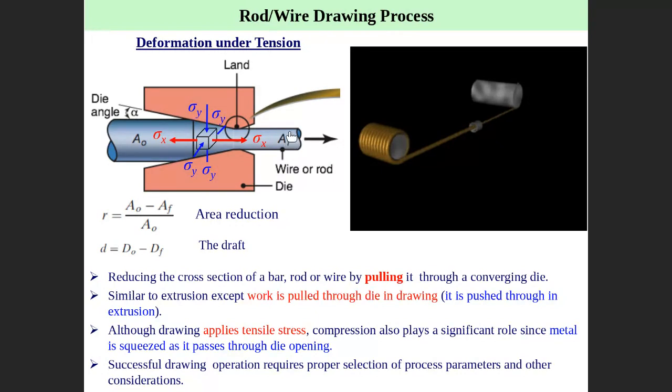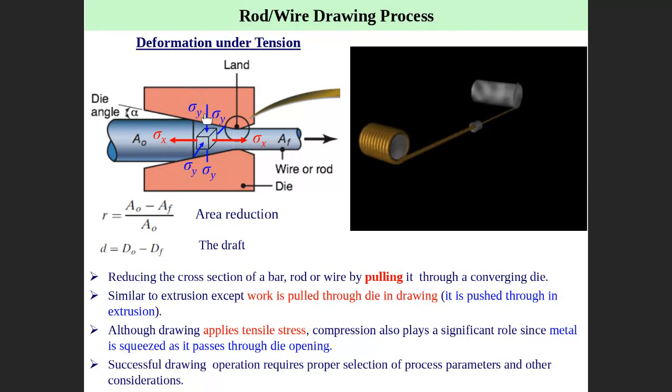However, you can see compression is also there, because when you apply tensile stress, the material will flow and you squeeze the material in a die. So it is not only tensile, but also compression in the other direction, squeezing the material.